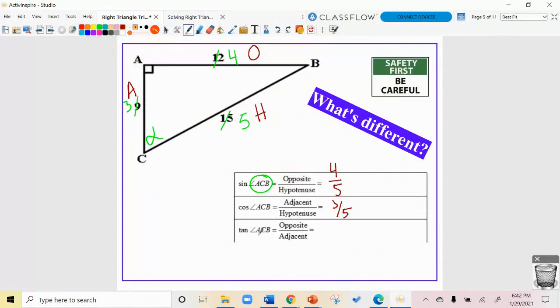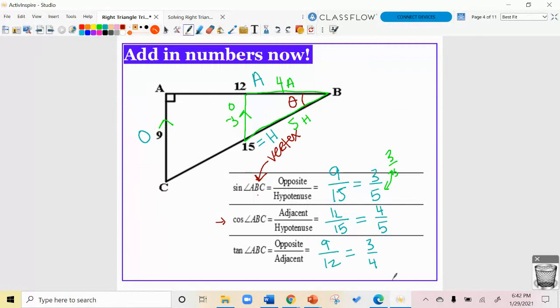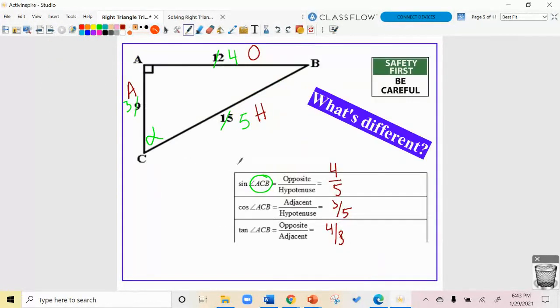And then the tangent of ACB, opposite over adjacent, 4/3, which isn't the same as anything else, but that's the reciprocal of the other angle. So some interesting things, like here's where I had theta. The sine of alpha is the same thing as the cosine of theta.